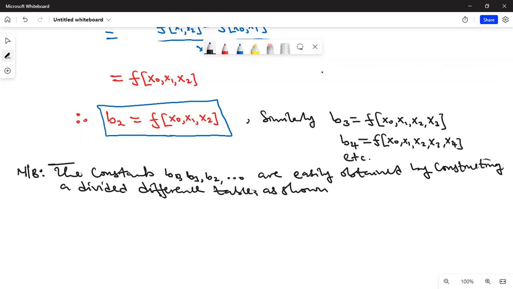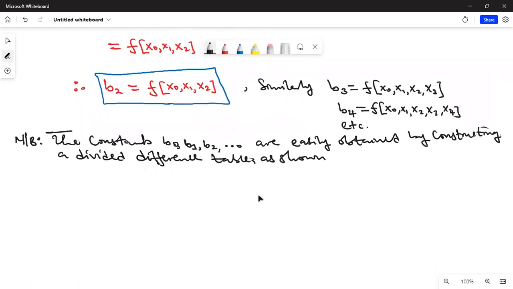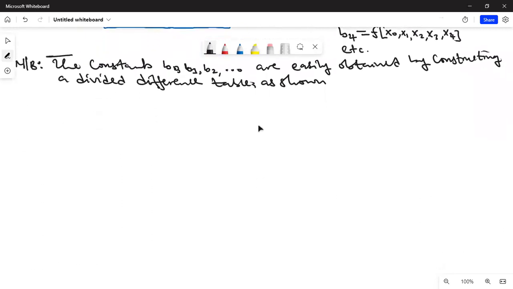So let's construct a divided difference table, and then I tell you how to get those constants from your table.